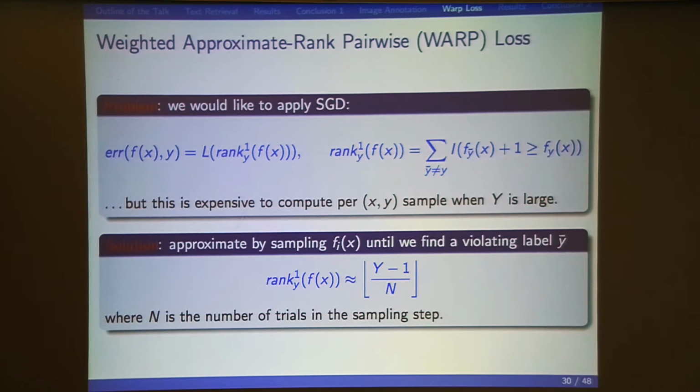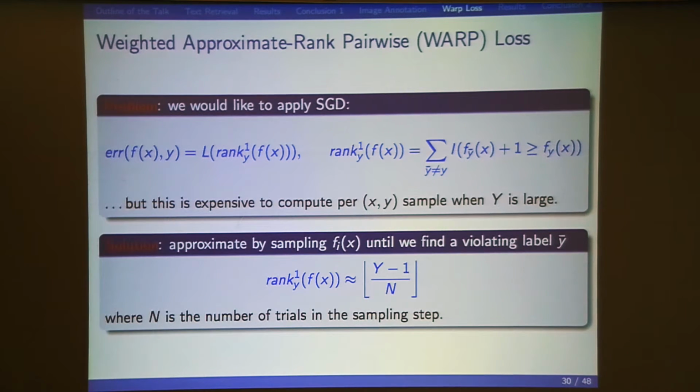For just one example I'm training on in SGD, you pick a random example, and before I even do one gradient update, I need to know the rank. So I need to go through all 100,000 annotations and compute their scores, and then find where the true one is in that list. And that's costly.